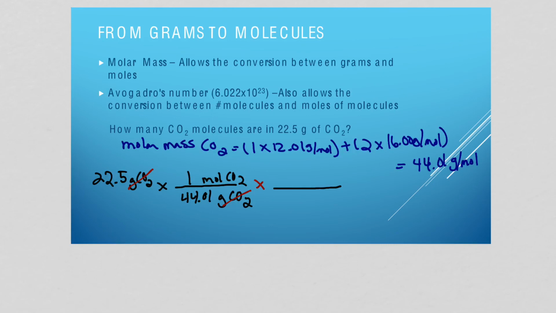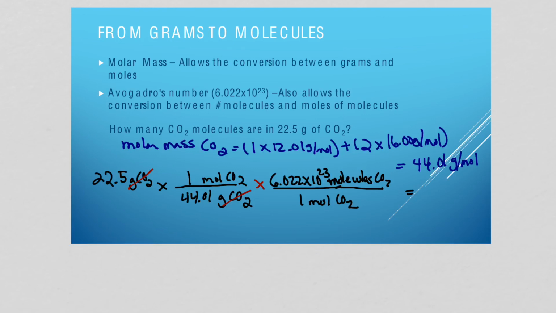And so every 1 mole of CO2, we need our units to cancel top to bottom, contains 6.022 times 10 to the 23rd molecules of CO2.